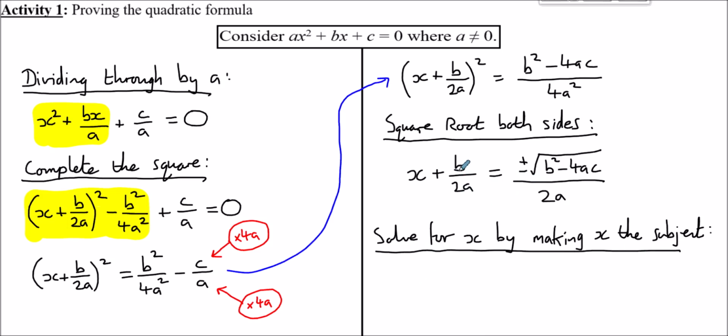So we can put this minus b when we subtract it all over the 2a. So for the final step, x equals minus b, plus or minus the square root of b squared minus 4ac, all over 2a. And that is the famous result which we've all seen before.